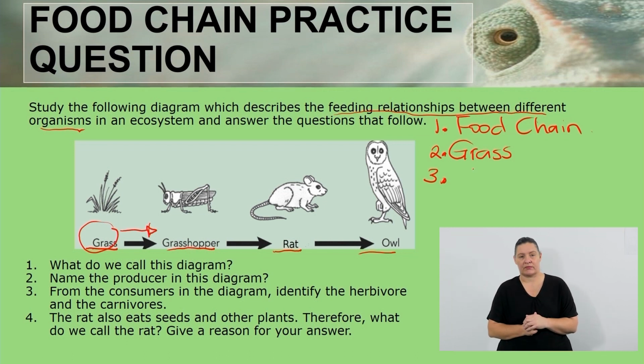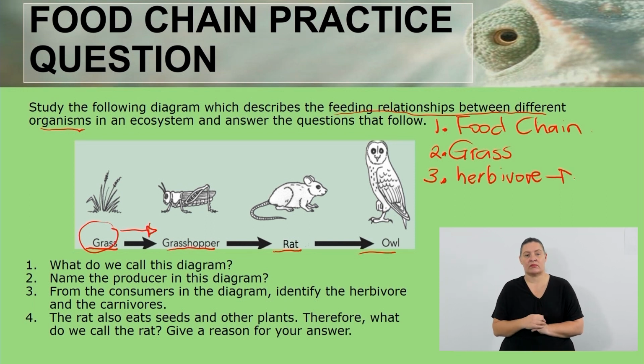So we are going to start with the herbivore. Our herbivore in this diagram is the grass. Grass. Wow, no, it's not going to fit there. Right, let's do this. Yeah, grasshopper. Can we all see?